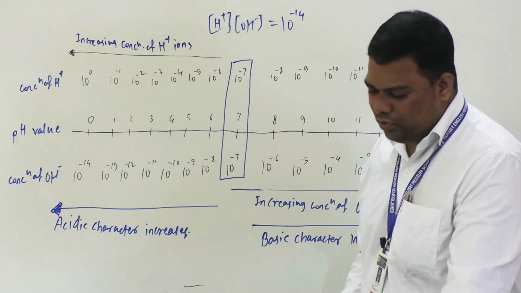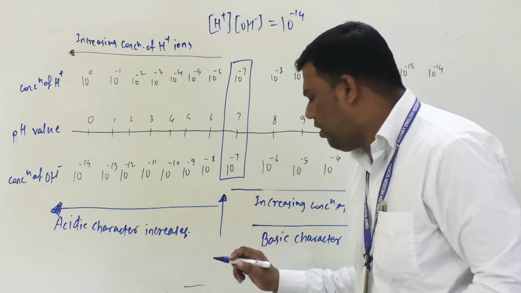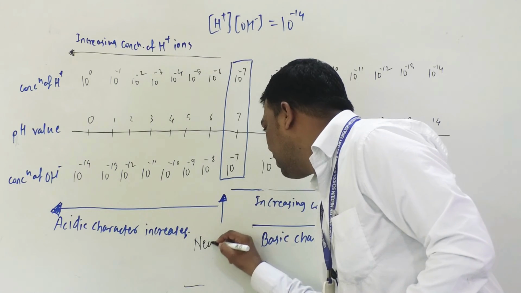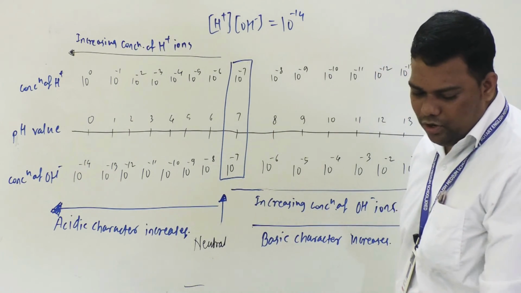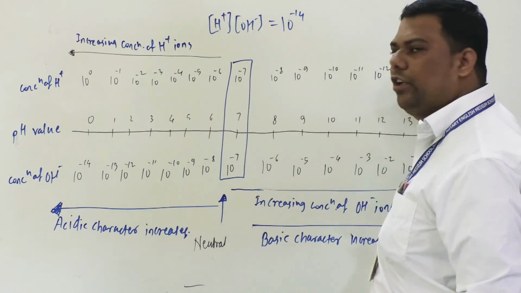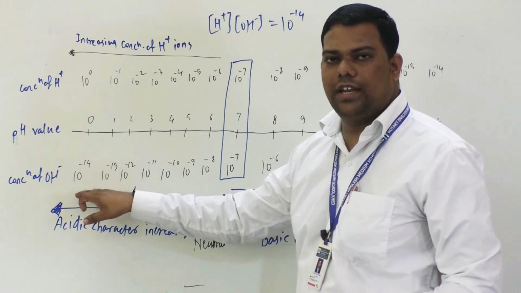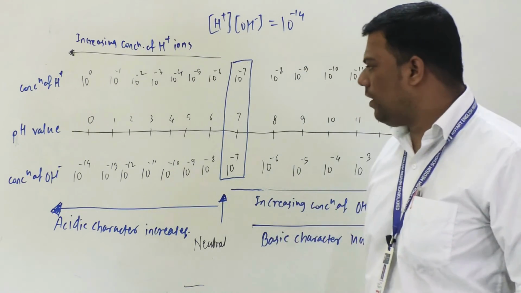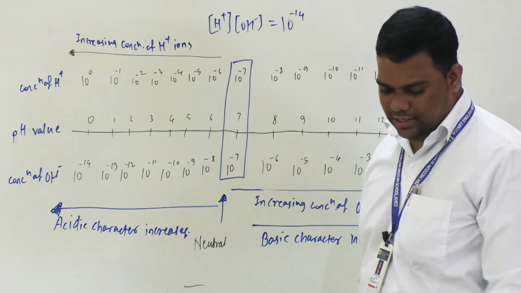Here we call it neutral. Keep in mind the concentration of H plus slowly moves towards the base, while the concentration of OH minus ion increases and is highest at the basic end.